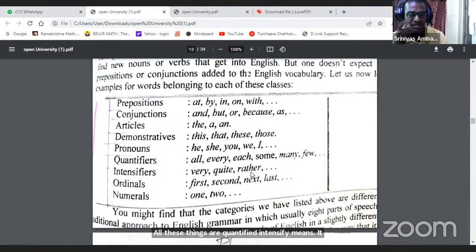I'm very upset. I'm very angry. I'm very happy. Clear? Ordinals mean the order of the situation. That is why first, I came first. I came second. I came last or whatever. This is ordinal. Numerals means 1, 2, 3, 4, 5, 6, 7 are the numerals.